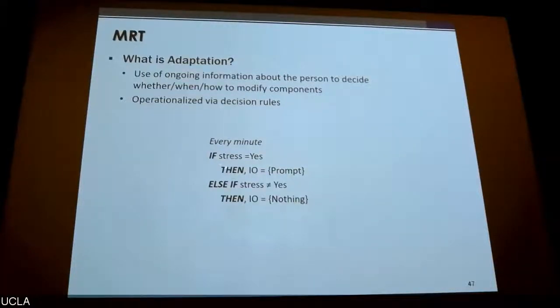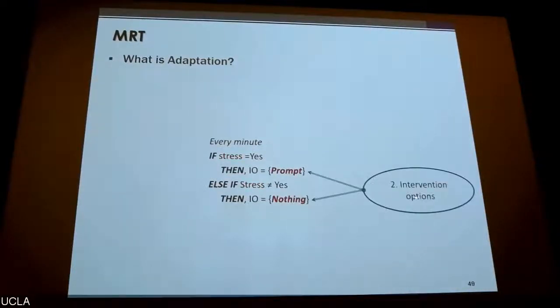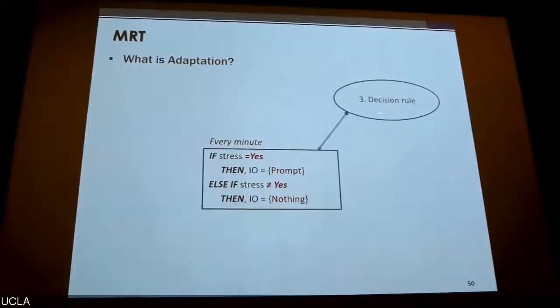So here you go. Here's a decision rule from SenseToStop. Every minute, if stress is yes, provide a prompt, otherwise do nothing. And look at the elements of this decision rule. It has a tailoring variable, stress. We use information about stress to decide what to do. It has intervention options. Here, it's a prompt versus no prompt, right? It has a decision rule. Look, the decision rule here links information about stress to intervention options.